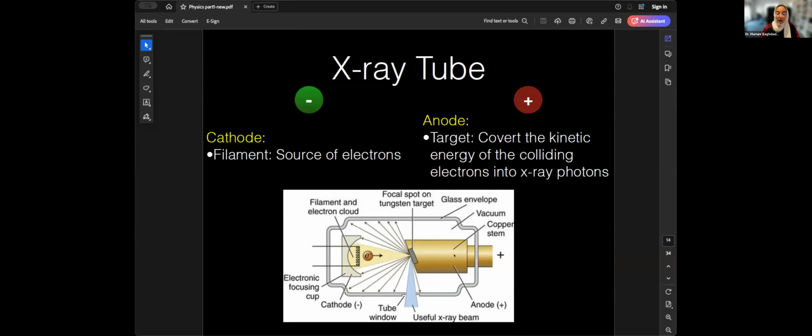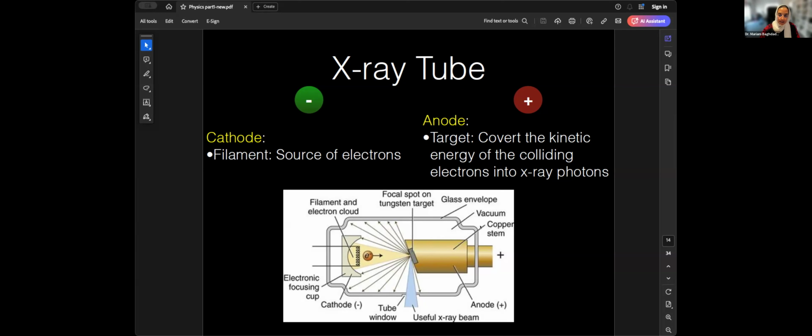And then on the other side is your anode, where you have a tungsten target. And this tungsten target is attached to what we call a copper stem. And remember, this tungsten target becomes very, very hot, but we need something to dissipate that heat. So what we do is attach it to a copper stem.